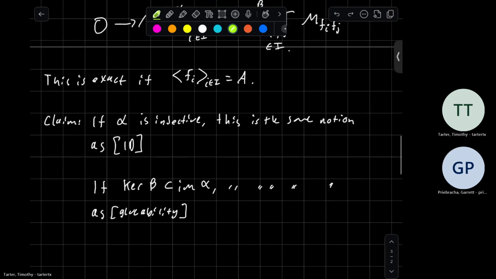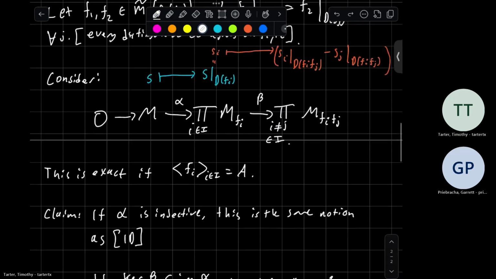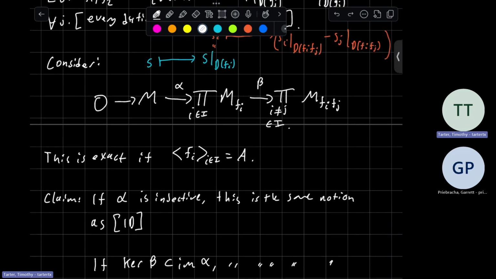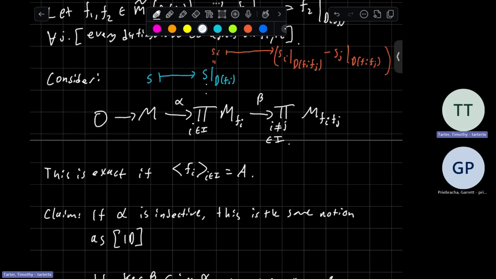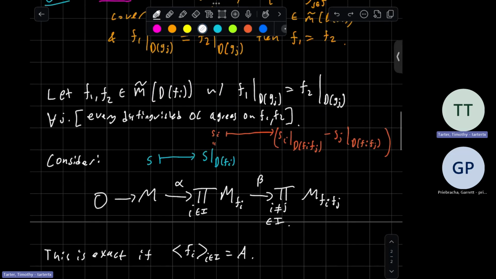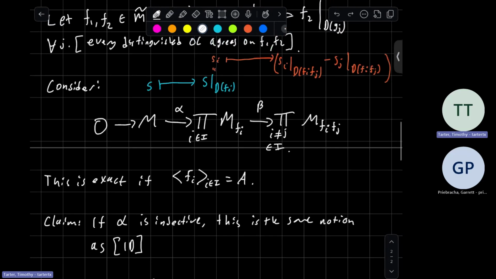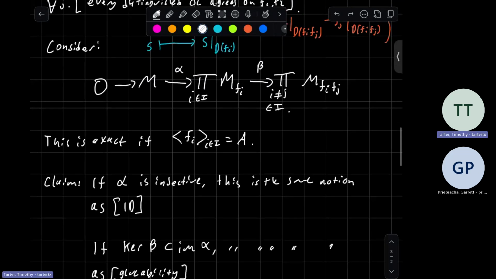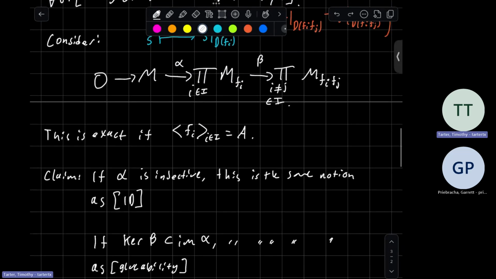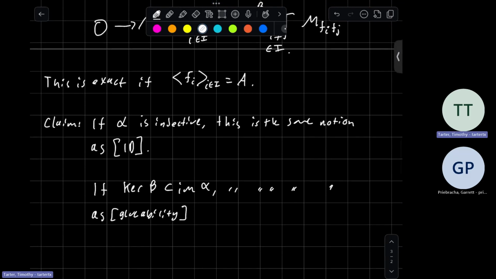Okay, so things that we should know. Injectivity of alpha means that for any two S_i which are equal, the S in the alpha inverse needs to be the same. And that is definitely uniqueness, right? So this makes sense.